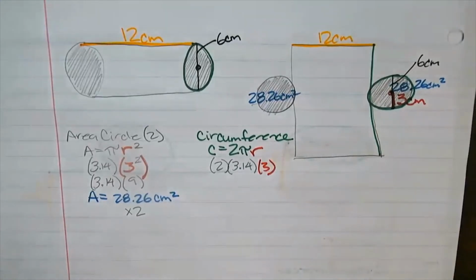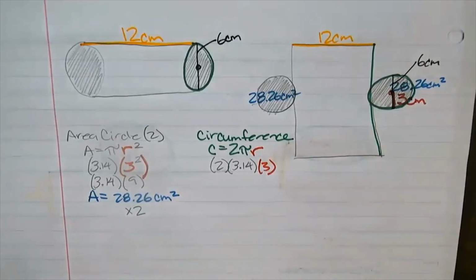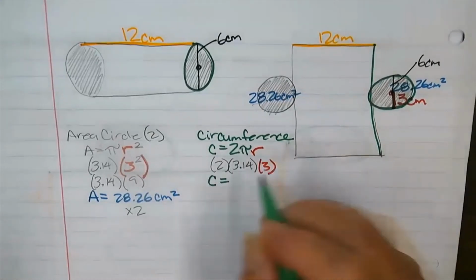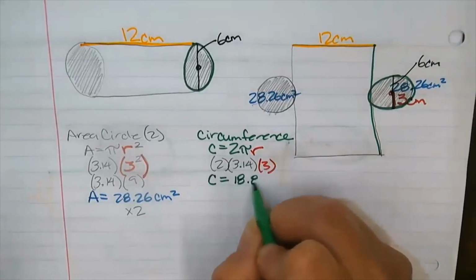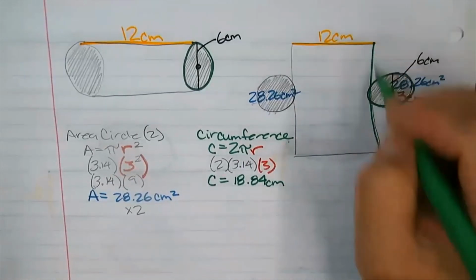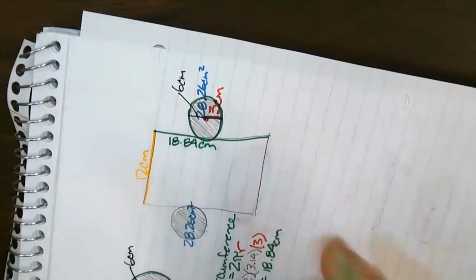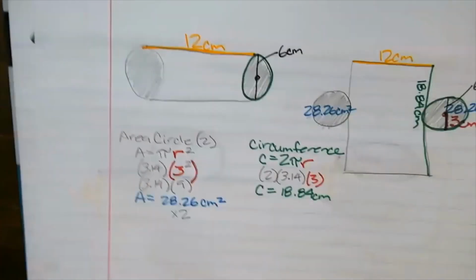So I'm going to put this in my calculator. 2 times 3.14 is 6.28 times 3. My circumference is equal to 18.84 centimeters. So the length here is equal to 18.84 centimeters.